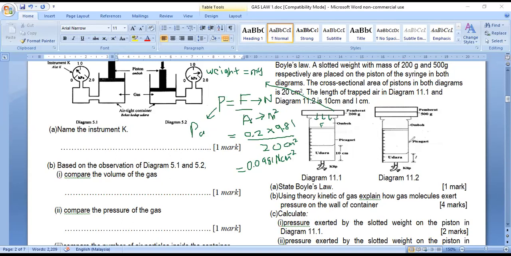Now same thing applies. What is the pressure on this side? Pressure equals force over area. The force will be the weight, which is mg over A. The weight is 0.5, changed to kilogram, times 9.81, and then divide by the same area, 20.